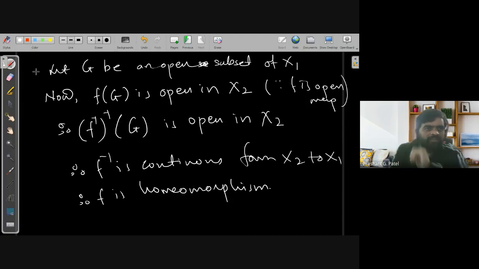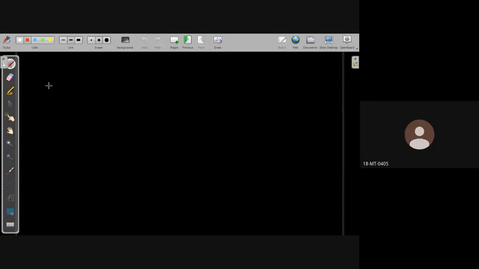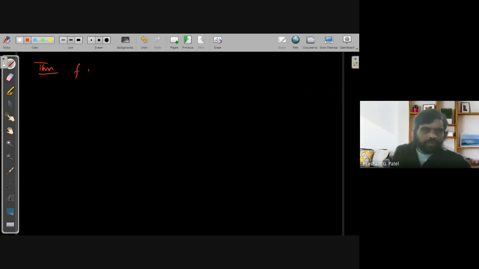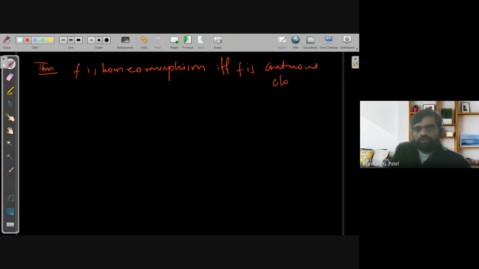I'm giving you the next exercise. Can somebody guess what that exercise will be? F is a homeomorphism if and only if f is a continuous closed map.